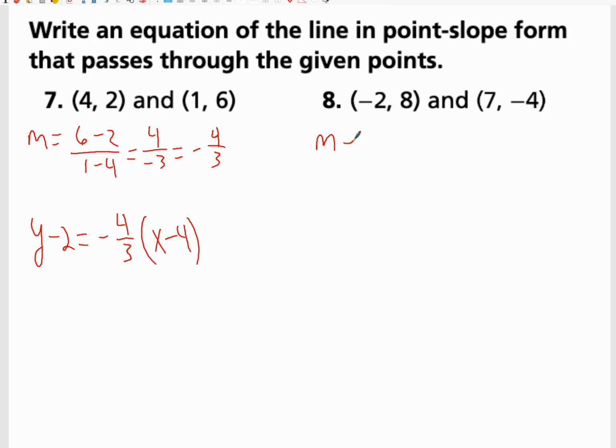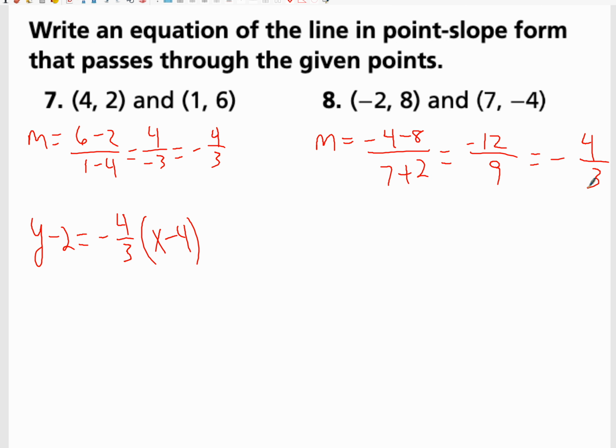So here the slope is going to be negative 4 minus 8 over 7 plus 2. Negative 4 minus 8 is negative 12. 7 plus 2 is 9, so that is negative 4 over 3. Ooh, that looks familiar.